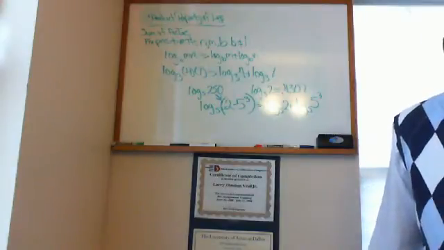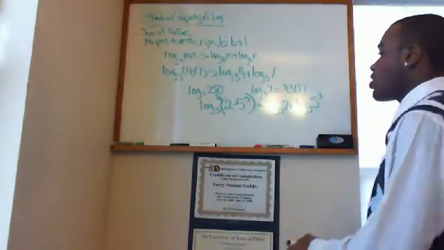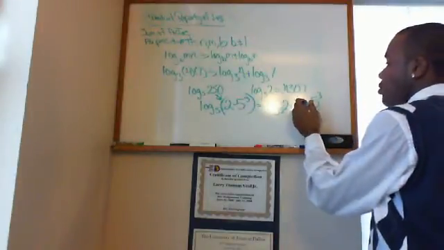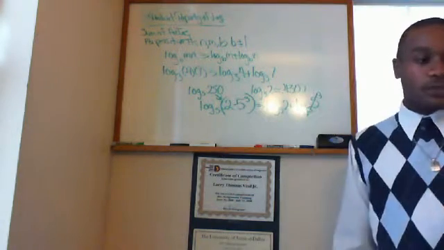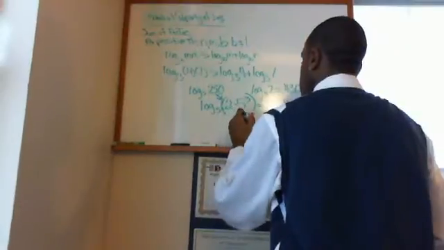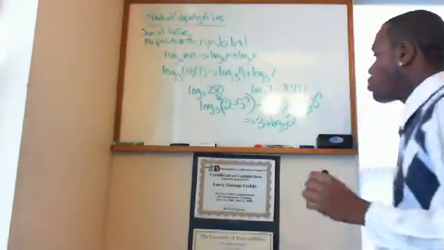Here, whenever the base and the number are the same, we can cancel this out. So log base 5 of 5 cubed becomes 3, plus log base 5 of 2.